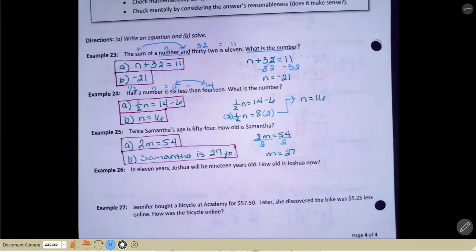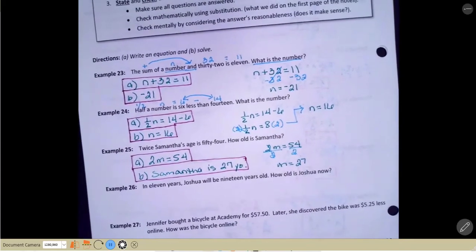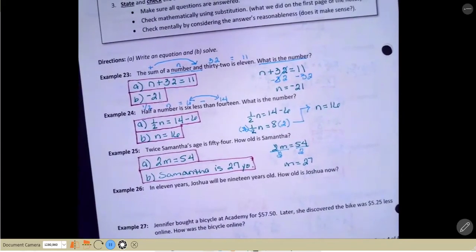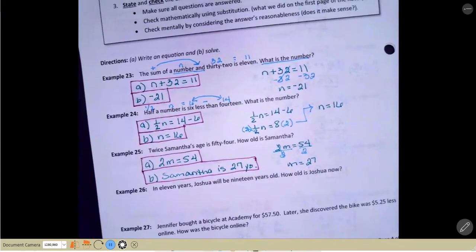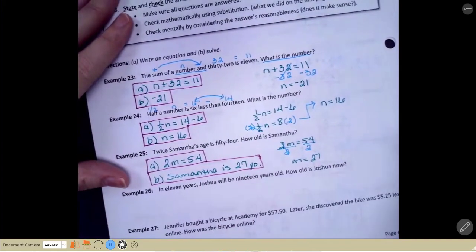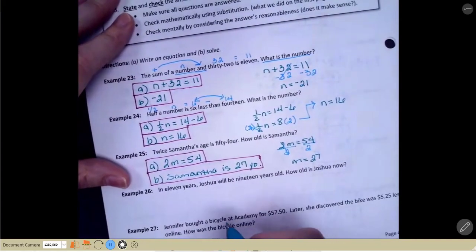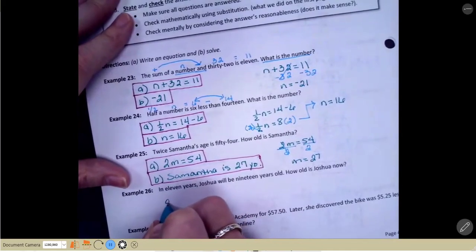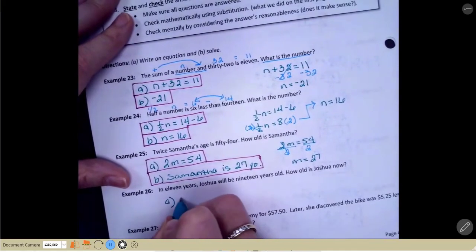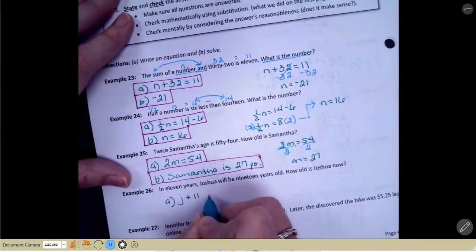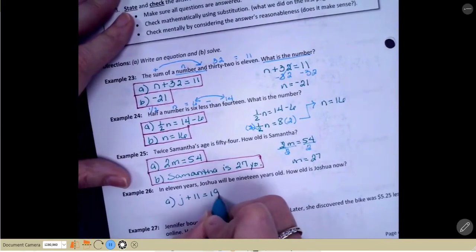This next one is a little bit tricky. In 11 years, Joshua will be 19 years old. Megan? Yeah, and I put J just because it's Joshua. Oh, that wasn't as tricky as I thought.